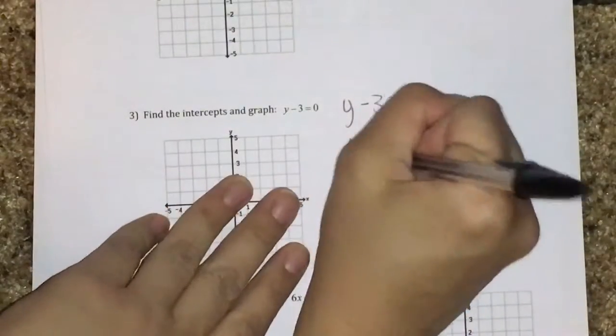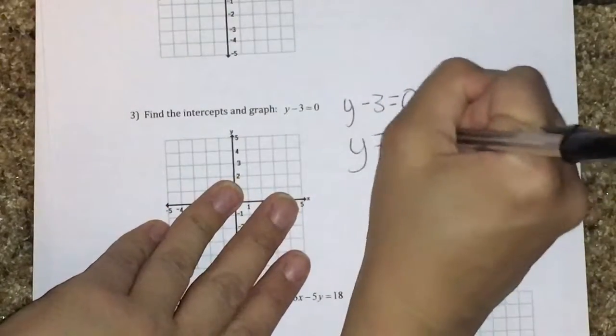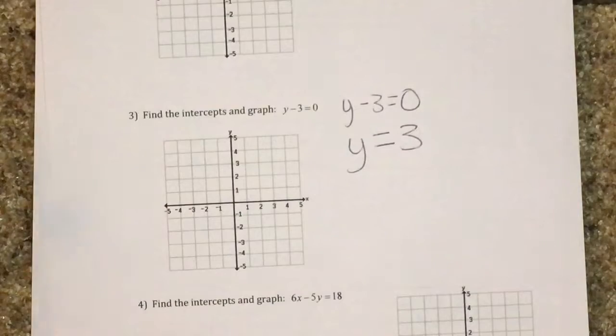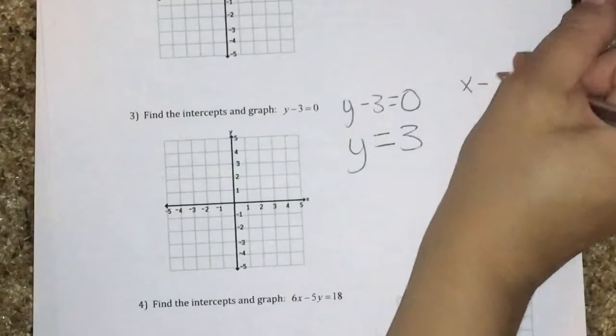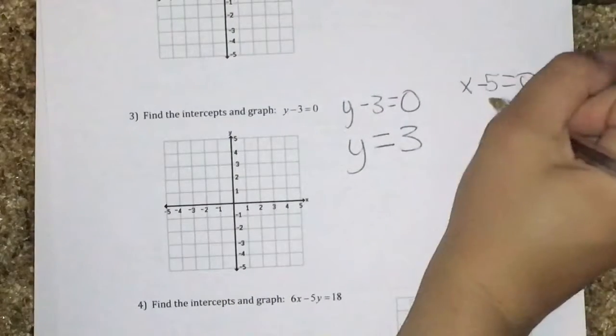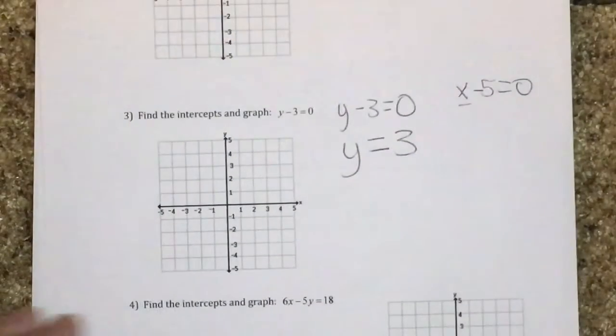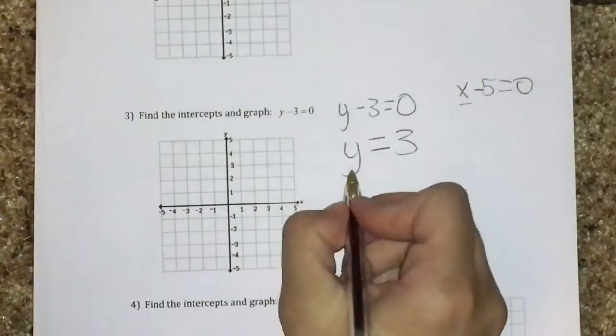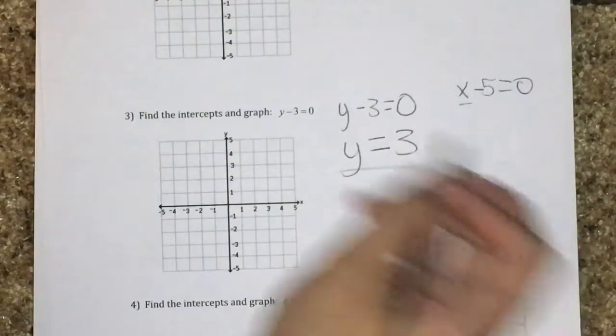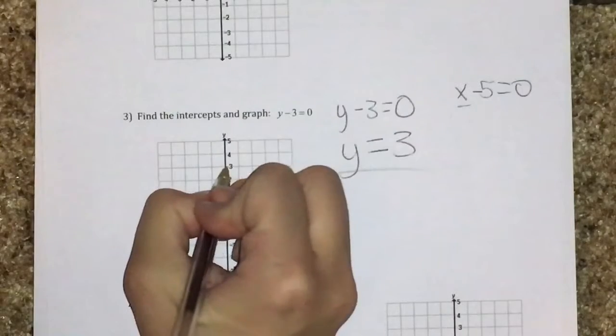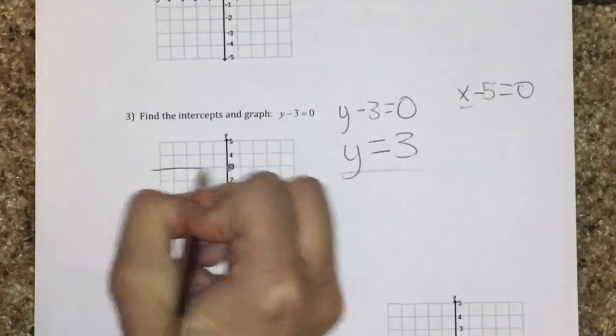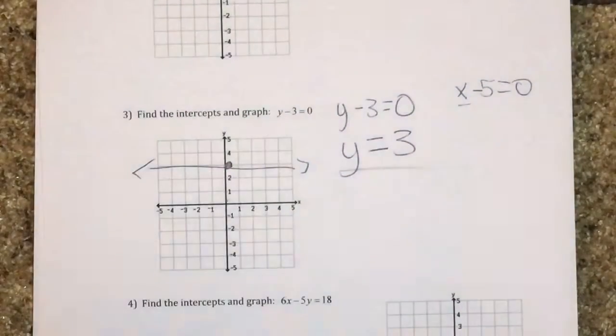If I solve for y, I get y equals 3, and we already know what y equals 3 looks like. So if you are ever left with something like x minus 5 equals 0, solve for the variable that is left, and at that point you should know how to graph it. Remember that for y equals 3, go to where y is 3, and then go the opposite direction.